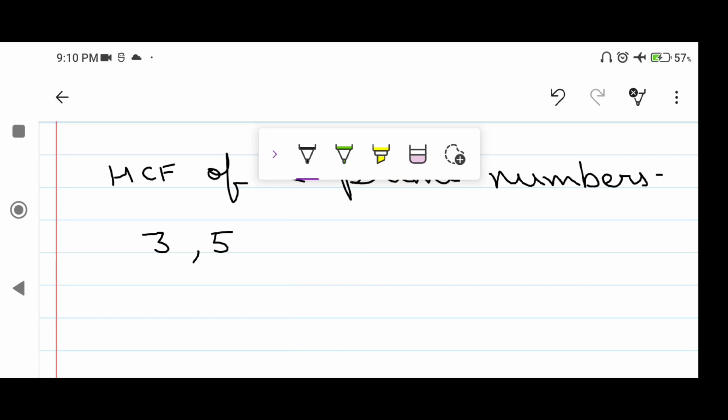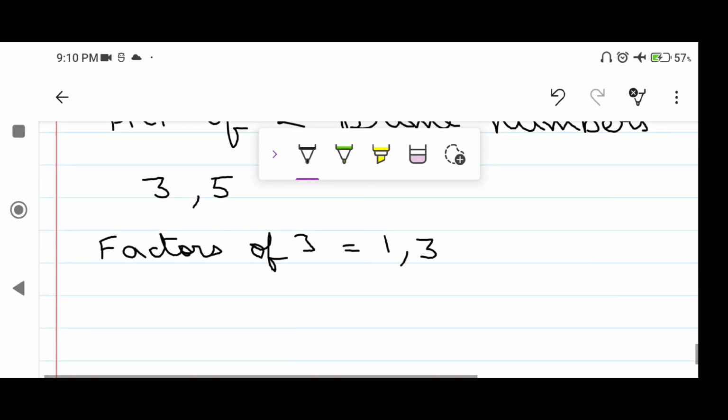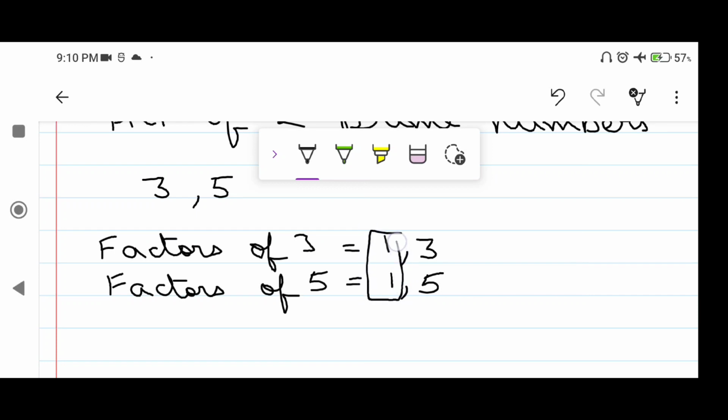What are the factors of 3? Factors of 3 are 1 and 3, and factors of 5 are 1 and 5. Can you see a common factor amongst the two? Yes, it is number 1.